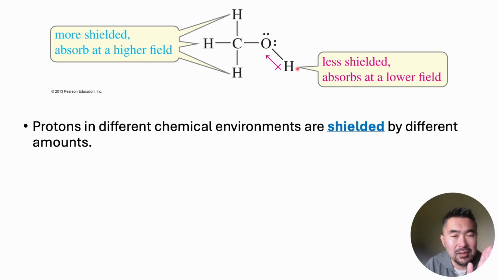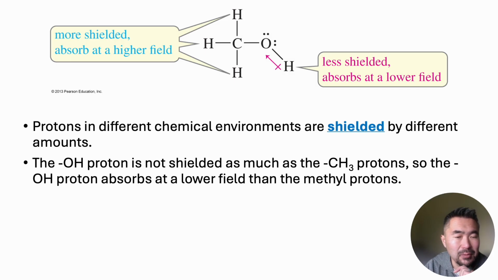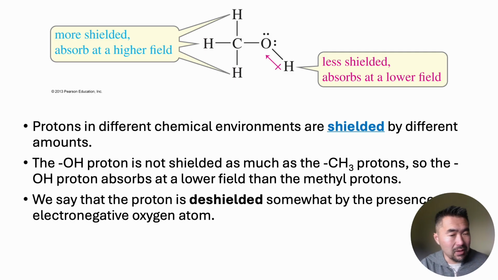Now, if it's very deshielded because it's attached to a very electronegative atom, then it can absorb at a lower magnetic field. And so one of the main things we're observing in NMR spectroscopy is how shielded each proton is. Okay, hope that makes sense.